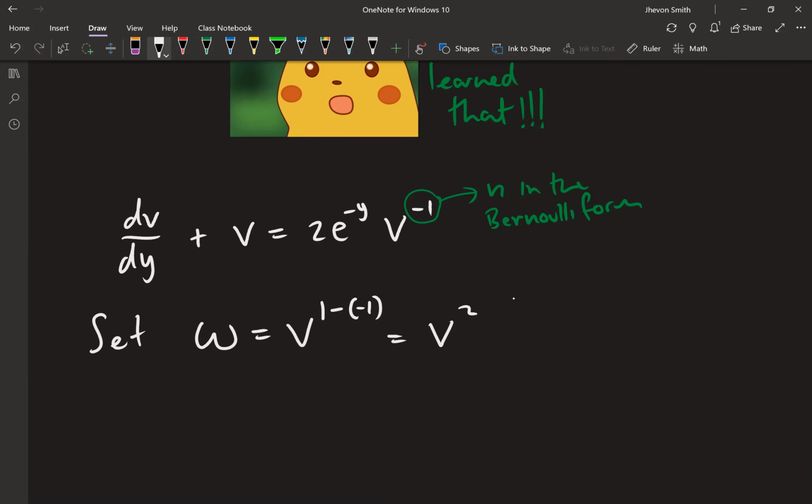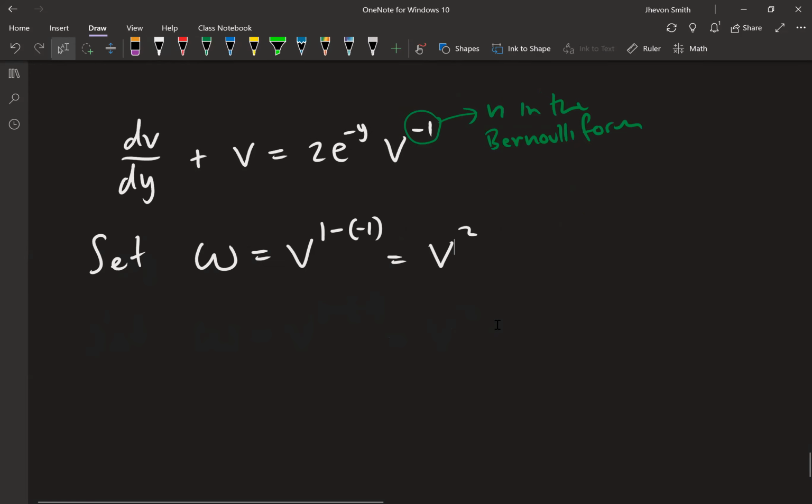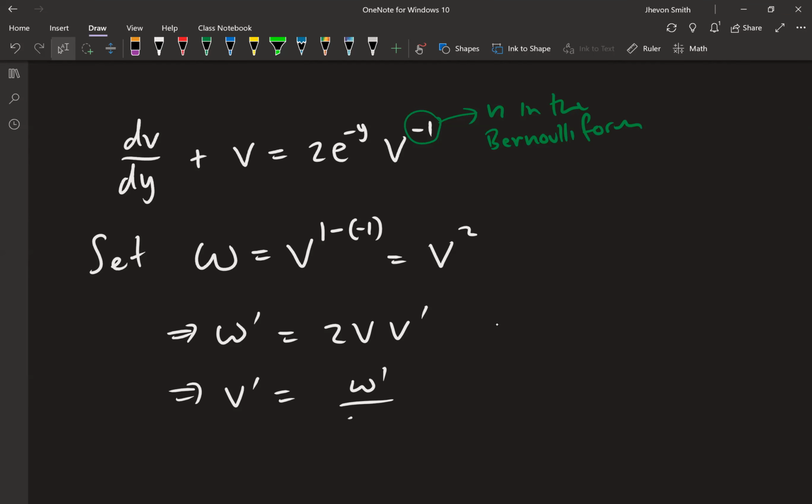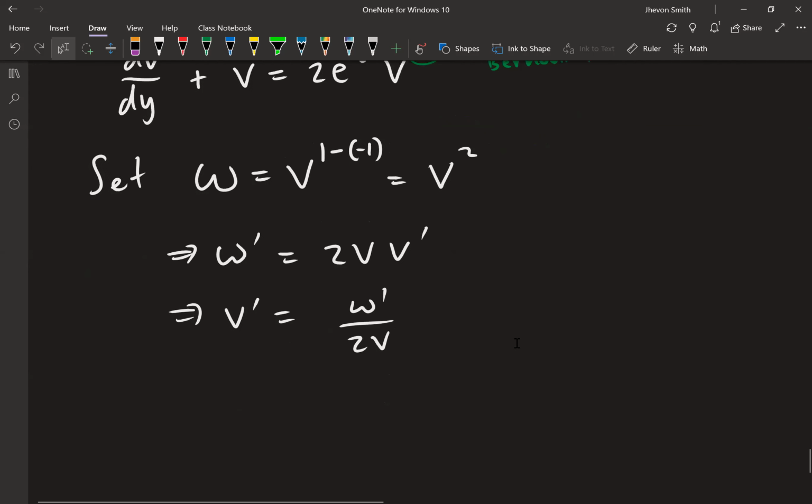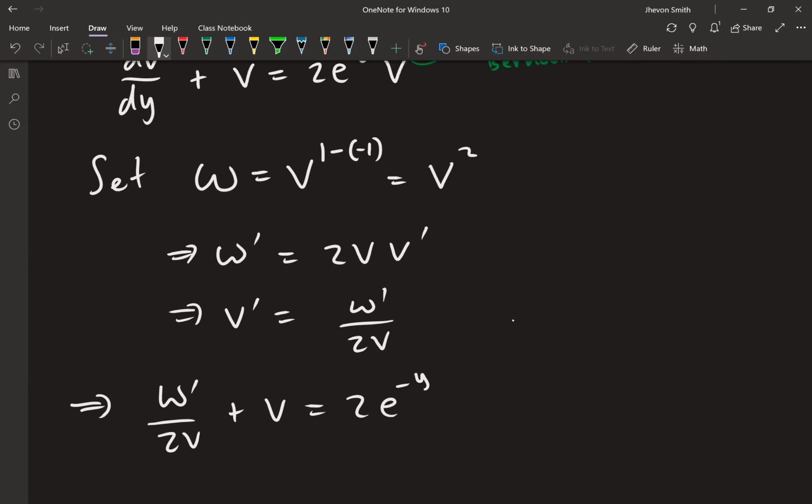So I'm going to plug in w equals v squared. This means that my w prime is going to be 2v v prime, which means that my v prime is going to be w prime divided by 2v. I am going to plug these guys in. So my v prime is w prime divided by 2v, plus v equals 2e to the minus y times v to the minus 1.